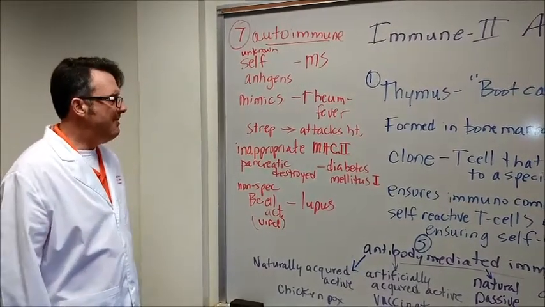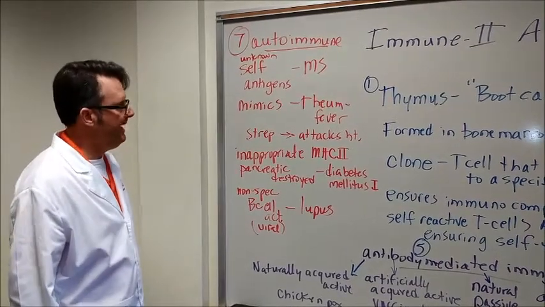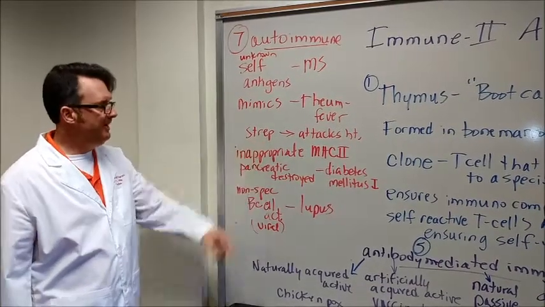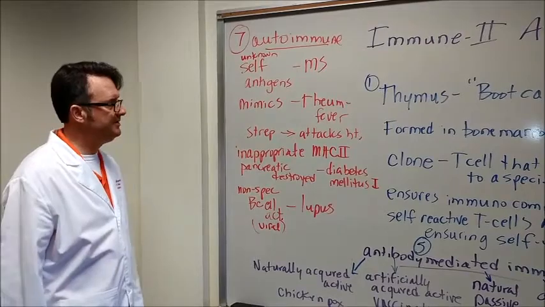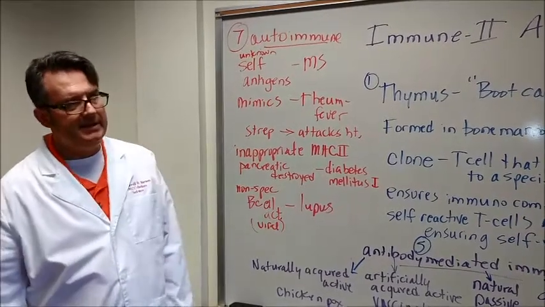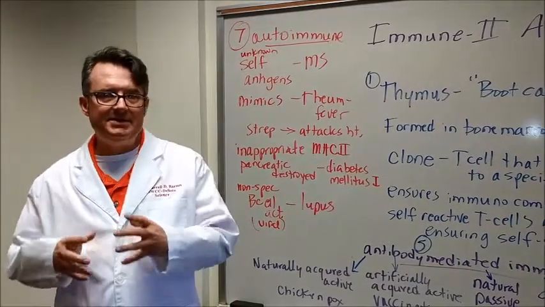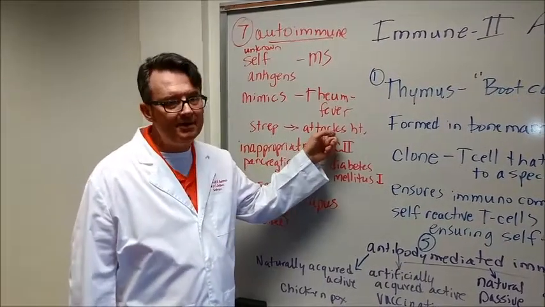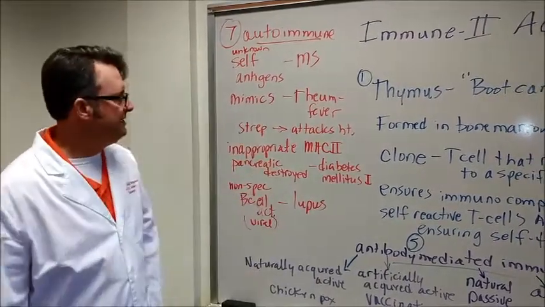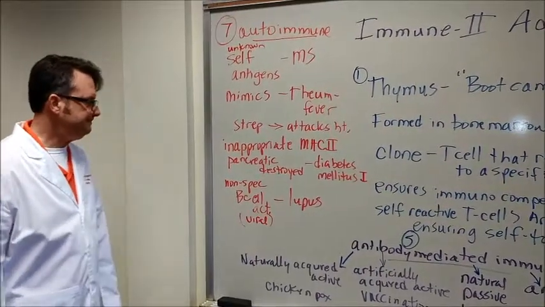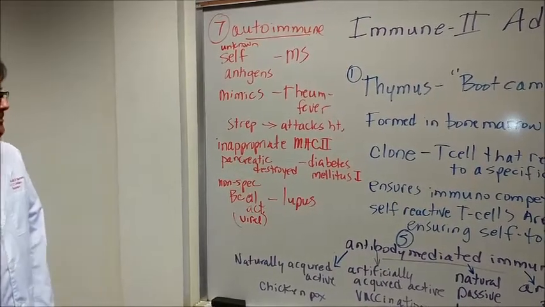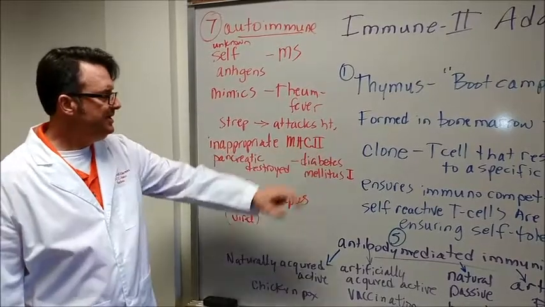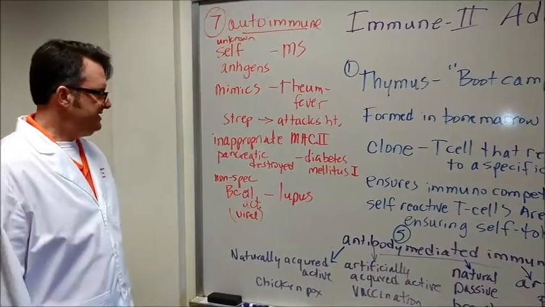There can be mimics, as in rheumatic fever. Apparently the bacterium strep can infect a person, and because apparently the antigenic markers on it resemble the heart, it will cause the body to attack the heart. There can be inappropriate MHC2 antigenic presentations.